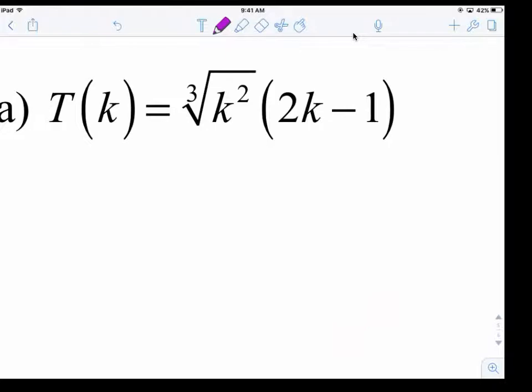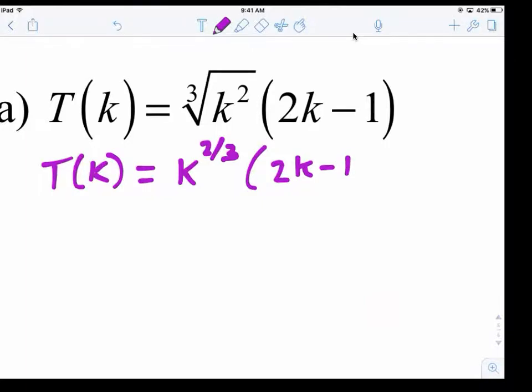Which one do you want to do? All right, so T of k would be what? K to the 2/3 times 2k minus 1, right?